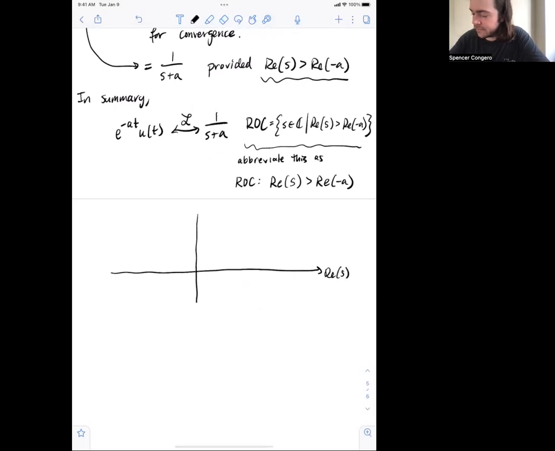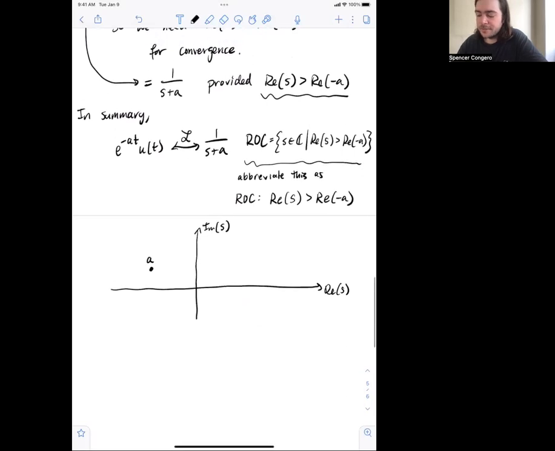So we have the real part of s, and the imaginary part of s, which is just the complex plane, sometimes called the complex s plane. And who knows, maybe this was our a value. a could be complex, so maybe this is our a value right there. And when does this converge? Well, we need the real part of s to be greater than the real part of negative a. So where's negative a?